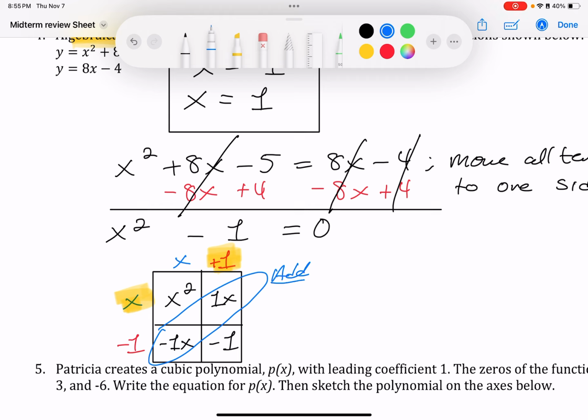Add the diagonals. What is -1x plus 1x? That's 0. That's nothing. And that's great because there is no middle term.